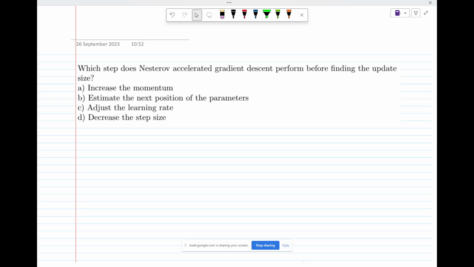So the Nesterov update is the modification of the momentum based optimizer that we just saw.